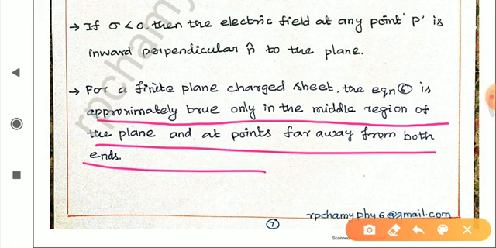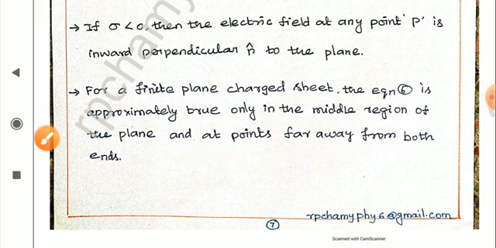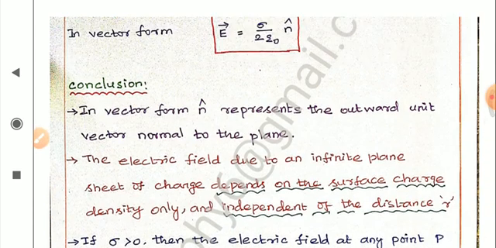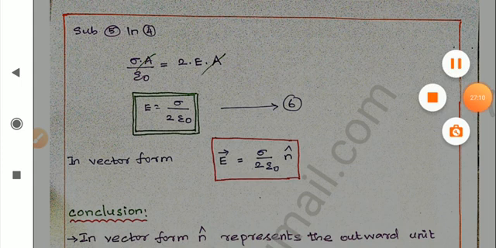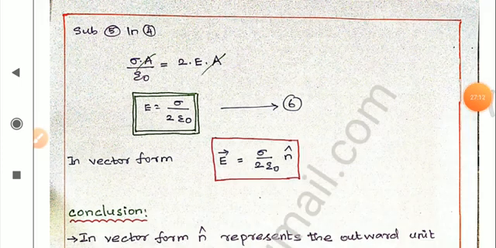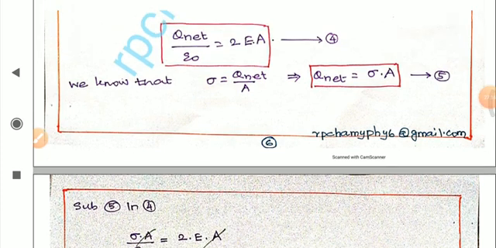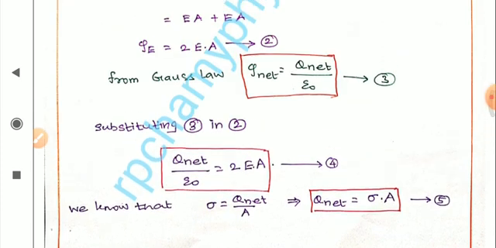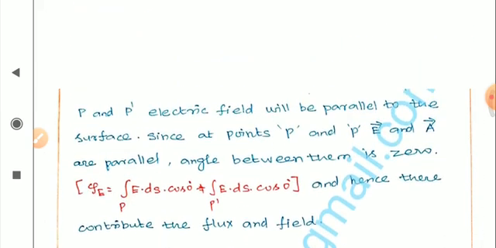Dear students, from this topic we can expect a 3 mark question or even a 1 mark question. So once again, you have to practice this question step by step. Then finally, you will get an easy idea of how we can derive the equation for the electric field due to the infinite plane sheet of charge.